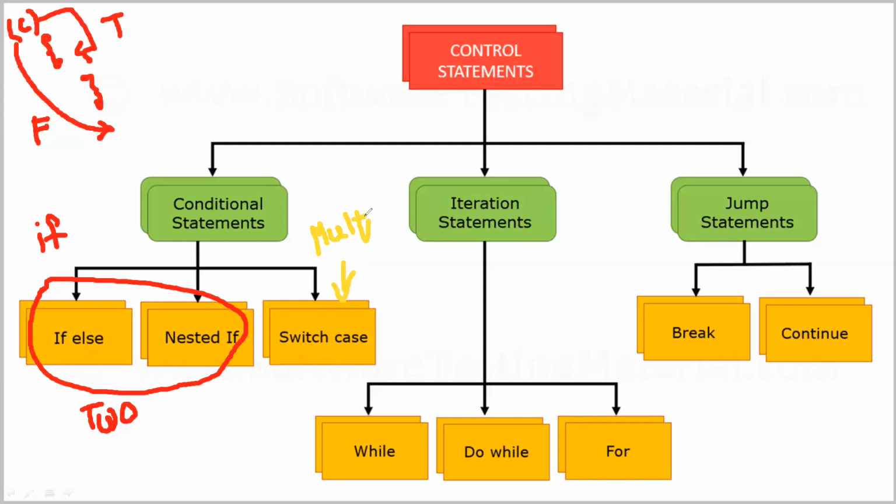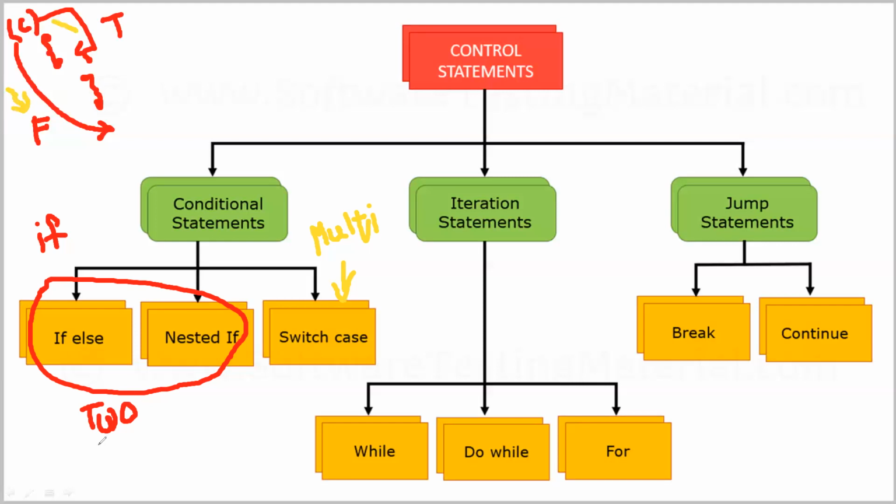Multi-way selection statements. Why do we call this one multi-way? In the sense, there will be multiple paths. We can select any path to execute depending upon the condition. But here we have only two ways. If the condition is true, we will go in this way. If the condition is false, we will go in this way. There are only two ways.